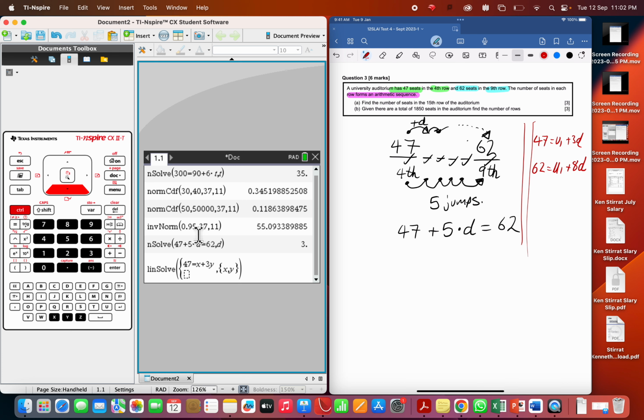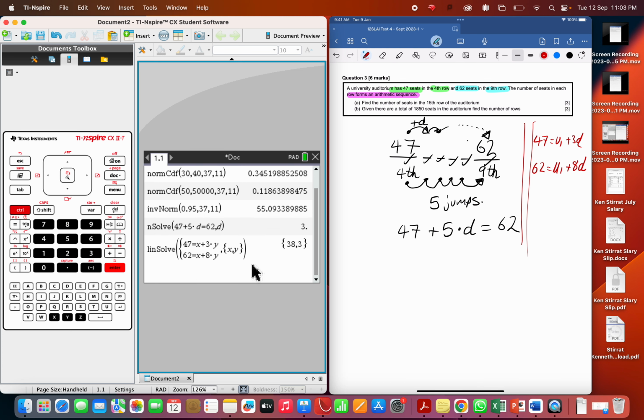Then the second equation, 62 equals x plus 8y, and solve. The advantage there is that we get u1 straight away as well: u1 is 38 and d is 3. But either way, we definitely found d equals 3. Over on this side we found d equals 3, and u1 equals 38.